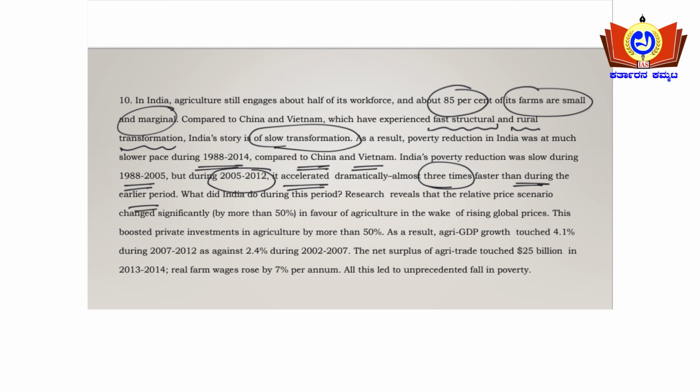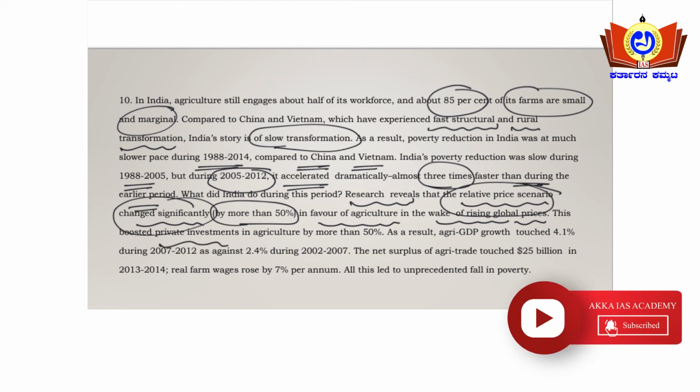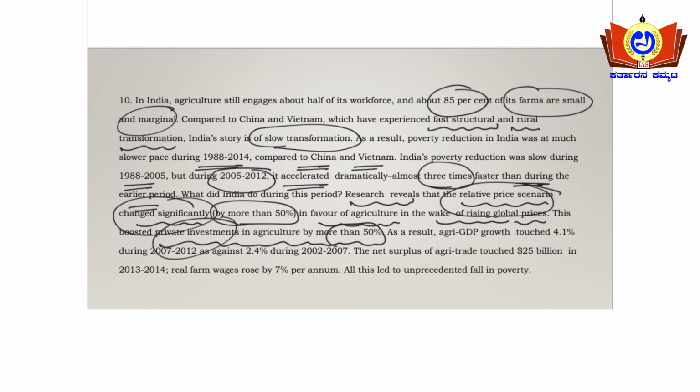What did India do during this period? Research reveals that the relative price scenario changed significantly, by more than 50% in favor of agriculture, in the wake of rising global prices. This is important. This boosted private investments in agriculture by more than 50%. So private investments flowed in.